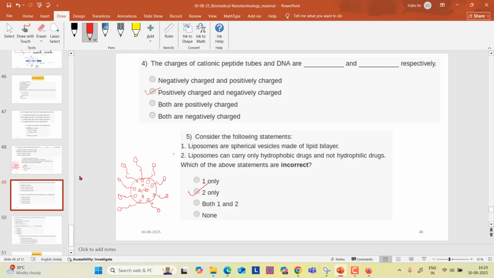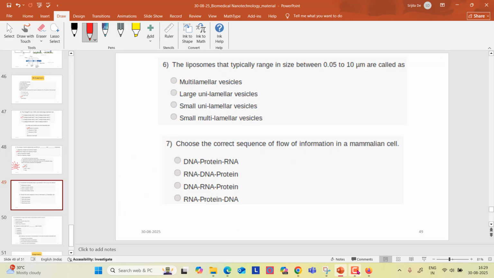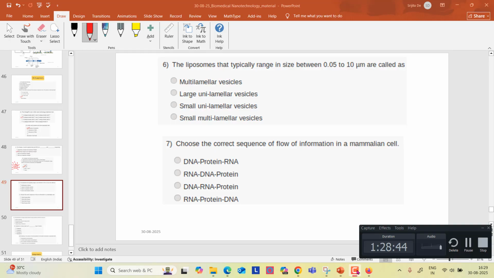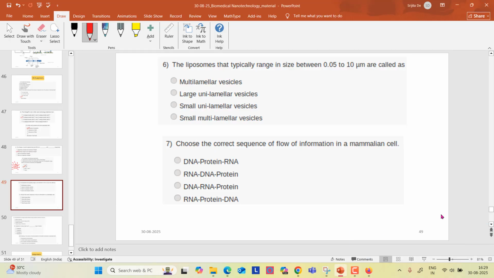Next question. Liposomes that typically range in size between 0.05 to 10 micrometer are called what? Liposomes whose diameter is between 0.05 to 10 micrometer are called what?